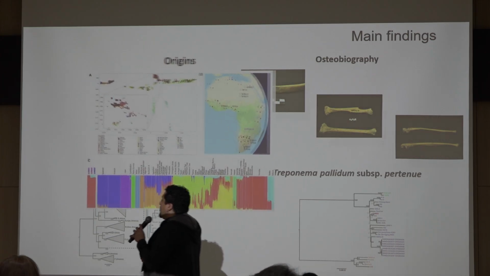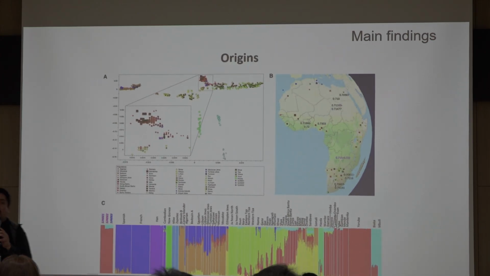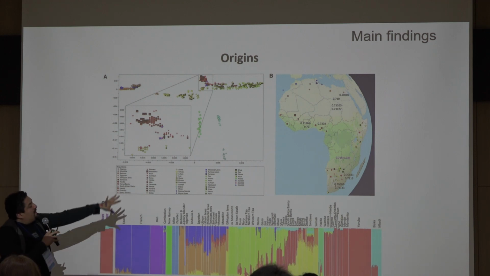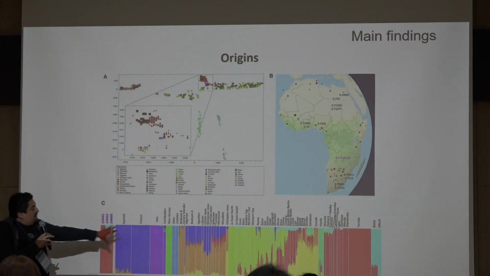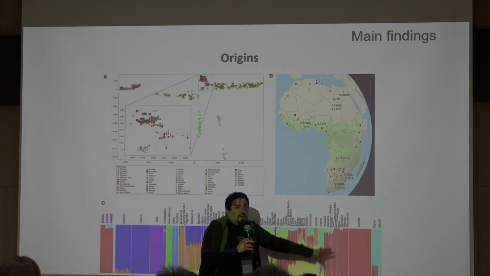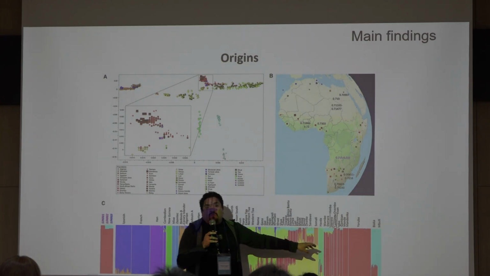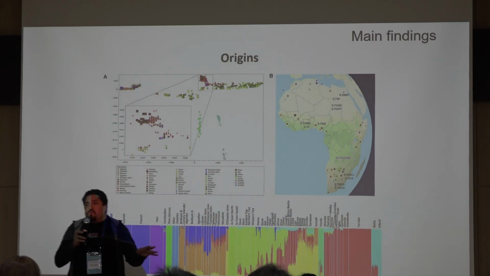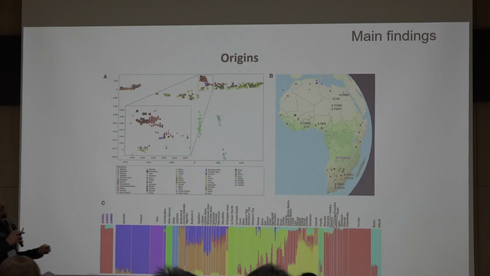So what we did first was to assess whether they were or not, in fact, indigenous Americans, and what we could see is that genetically speaking, these individuals belong to groups that are present in what today is Western and South Africa. So they were genetically Africans.